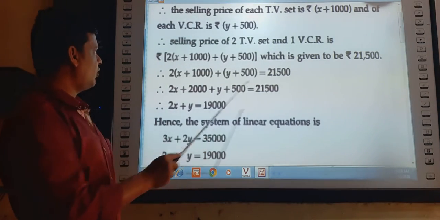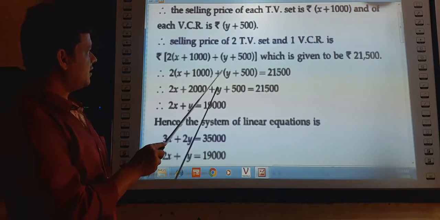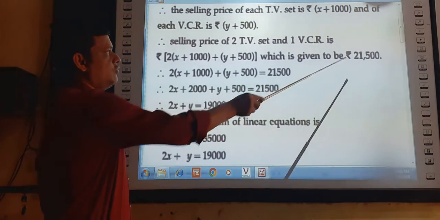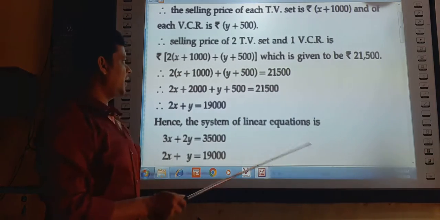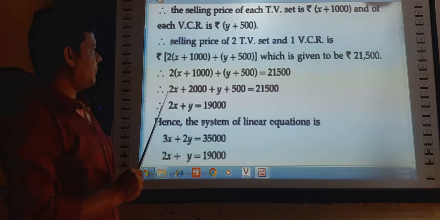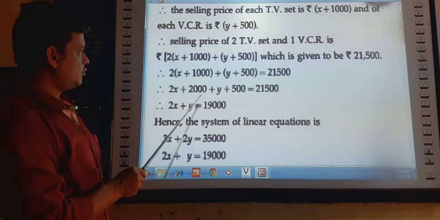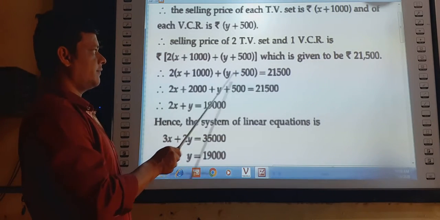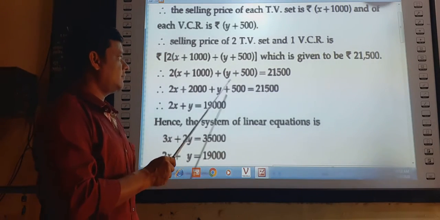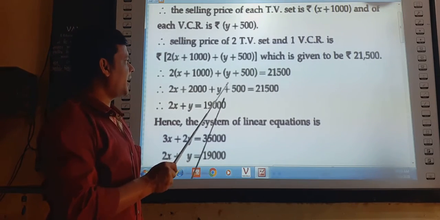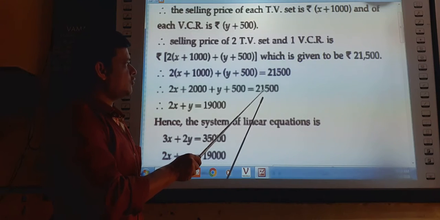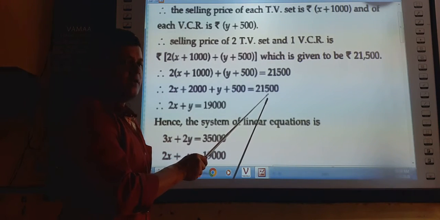Therefore, after writing it in equation form, 2 into x plus 1000 plus y plus 500 equals 21,500. Now multiply this first bracket by 2. So we get 2x plus 2000. Keep the bracket as it is because we are multiplying by 1. So after cancelling the bracket, y plus 500 is equal to 21,500.